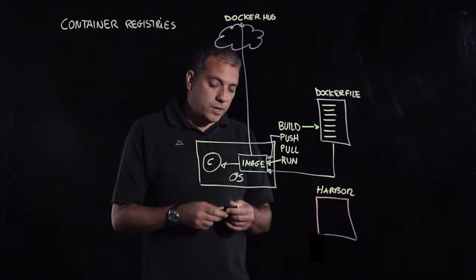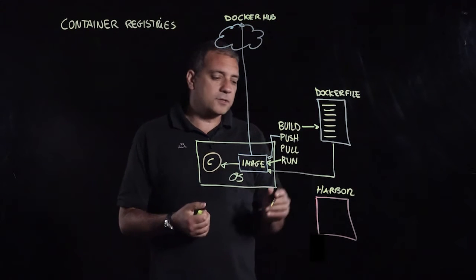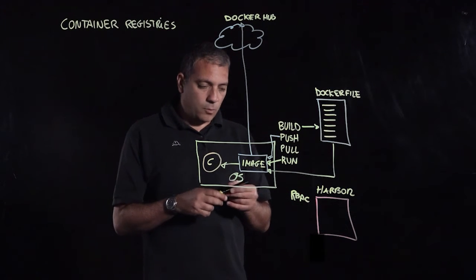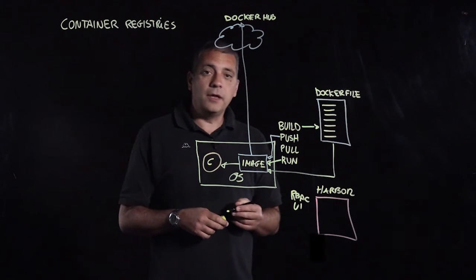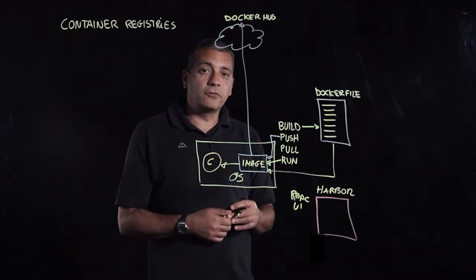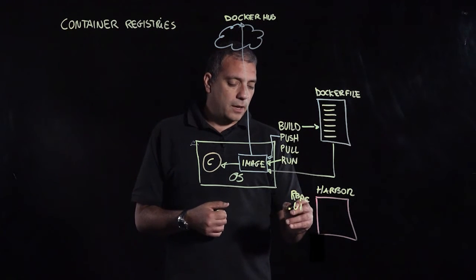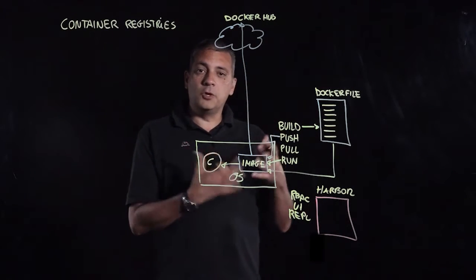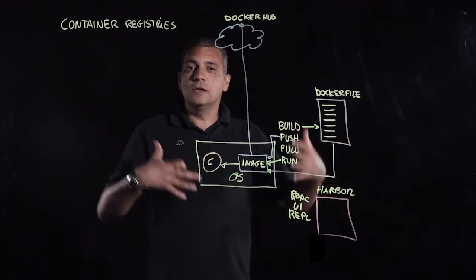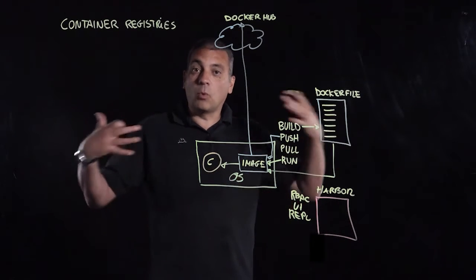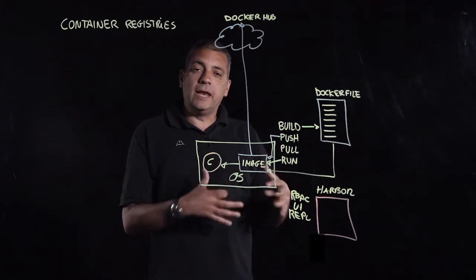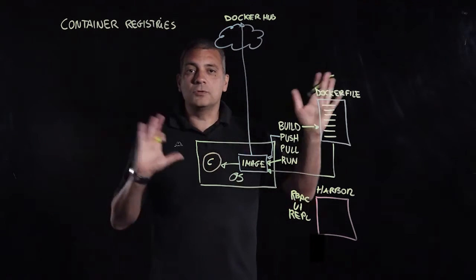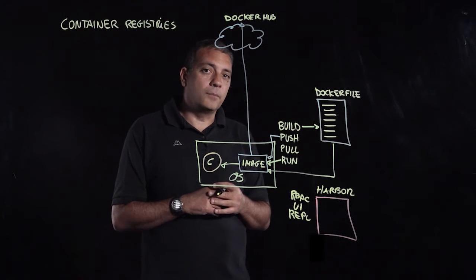Some of the features that we add to make it more enterprise ready are role-based access control. We also add a UI, or a graphical user interface. We also add a replication mechanism so that you can have multiple Harbor instances inside your data center or across multiple data centers and let Harbor replicate those images without having to push those images into different Harbor services.